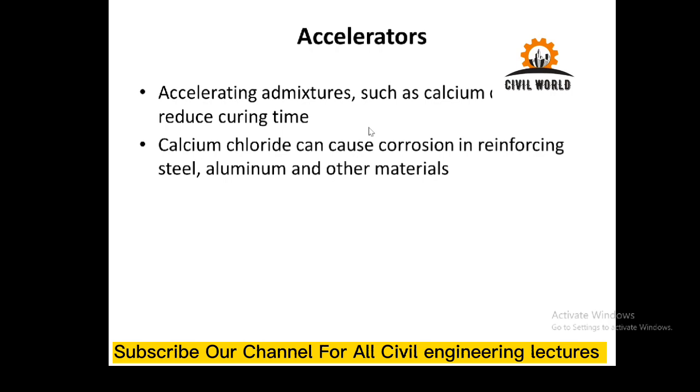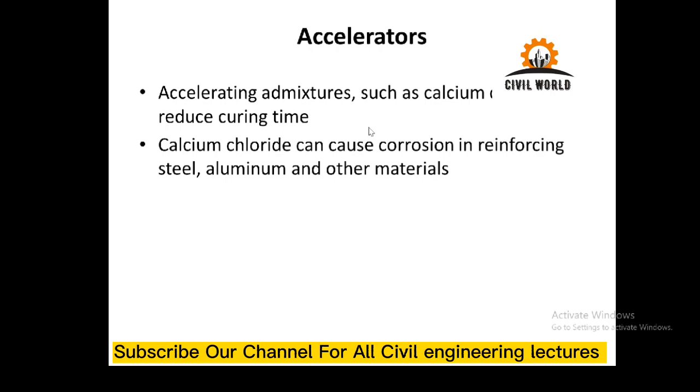Then there is another commonly used admixture which is called accelerator. Accelerator basically increases the rate of strength development of the concrete, and it can be used in areas where concrete may be exposed to freezing temperature, or where there is cold weather concreting. So the concrete must develop enough strength before it is exposed to freezing temperature.